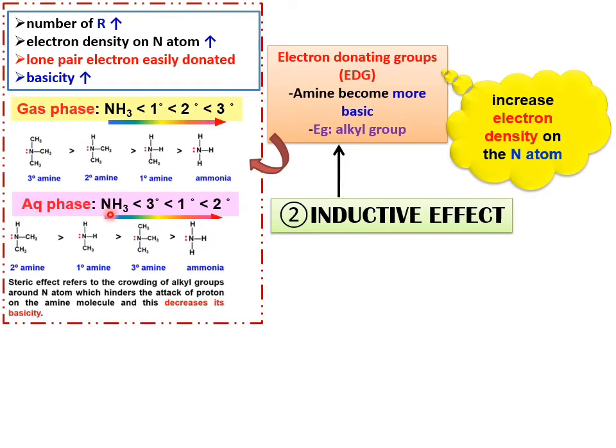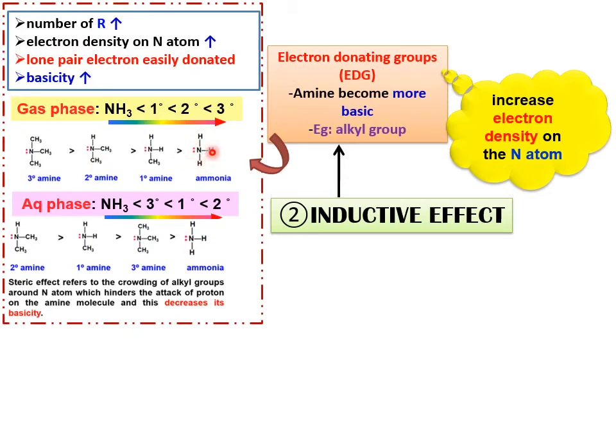Okay, cuma kelas untuk inductive effect ni saya pecah kepada dua bahagian arrangement, di mana amine ni dia boleh wujud dalam gas phase dan juga aqueous phase. Aqueous phase ni maksudnya solution lah. So arrangement dia, kita tahu tertiary amine lagi banyak alkyl group compared to secondary, primary and ammonia.